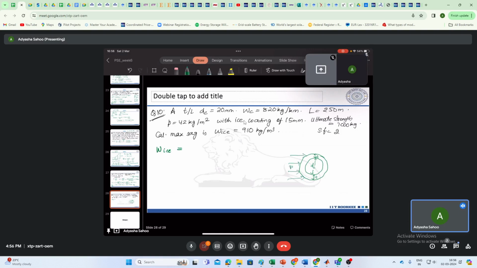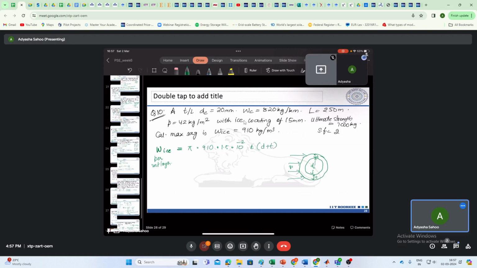Right. So weight of ice per unit length you can calculate as pi into weight of ice given, that is 910, into volume basically you calculate, and then that will be T into D plus T, right?